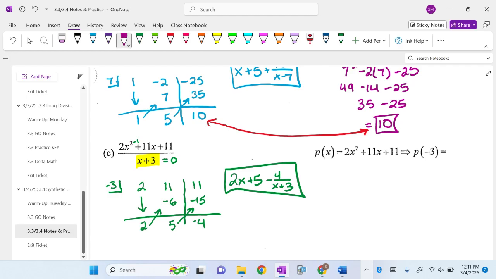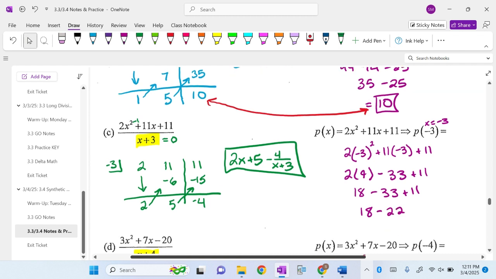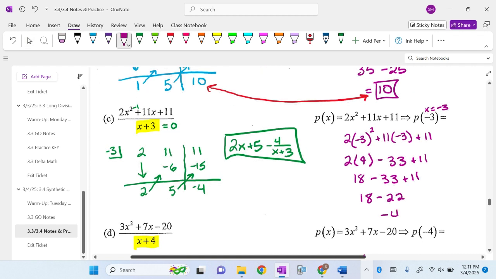So, then if I would solve for when x is equal to -3, -3 squared plus 11 times -3 plus 11, 2 times 9 minus 33 plus 11. So this would be 18 minus 33 plus 11. So 18 minus 22. So that would be -4. And once again, our remainders match up.